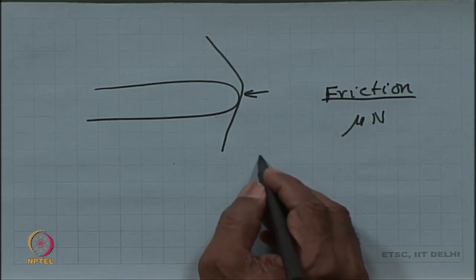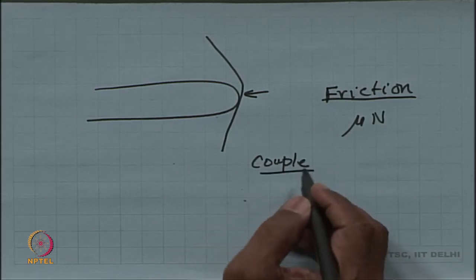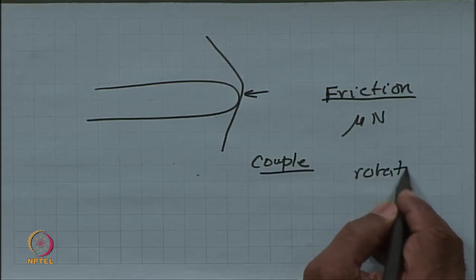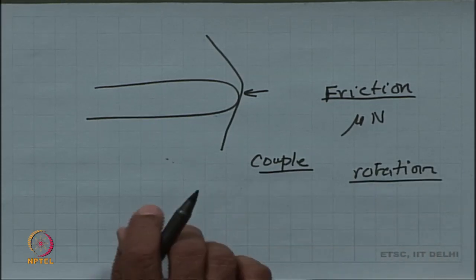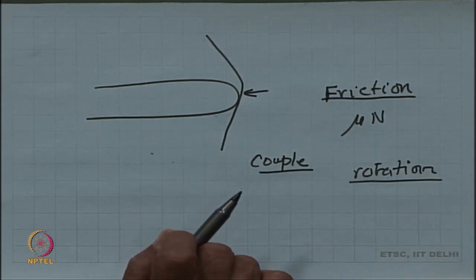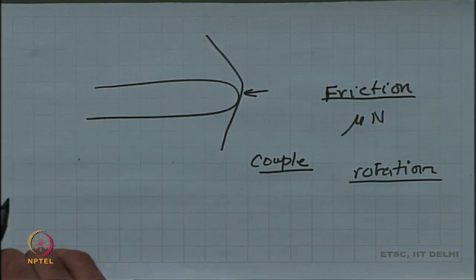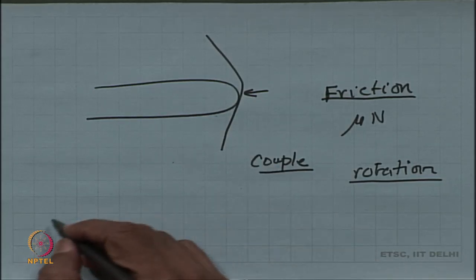From where did you get the couple? Because that is how you rotate. So, if rotation has to happen, there has to be a couple generated. In the case of belt, one surface is moving in one direction, the other surface is moving in the other direction on both sides of the yarn, and so you had the couple. From where do you get the couple here? You remember?